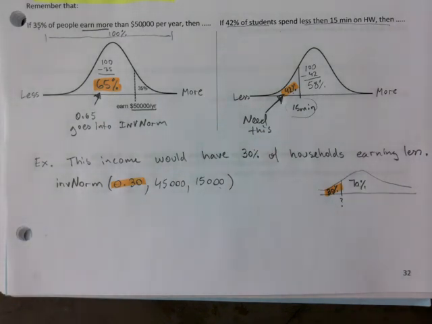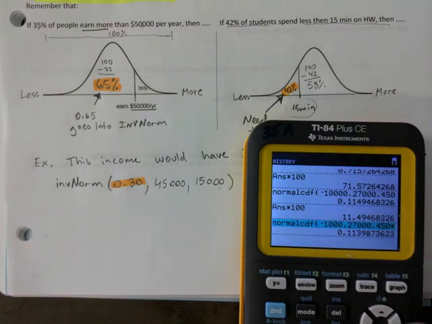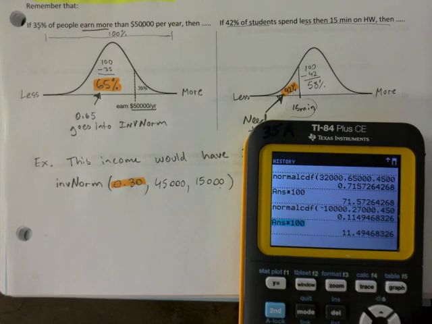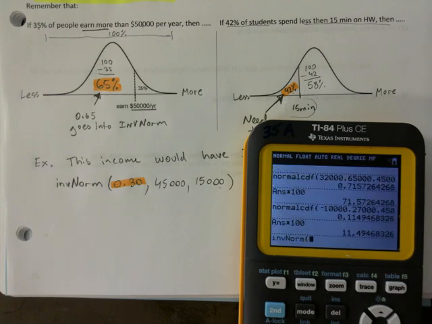Let's use our calculators for this. And again, practice is what you need. There's no other way around this. Second vars, inverse norm. We go 0.3, comma, 45,000, comma, 15,000, close brackets, 3 entries only.